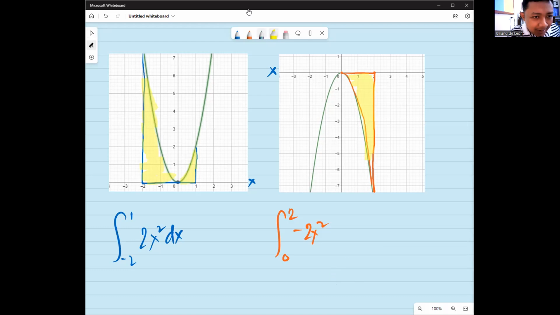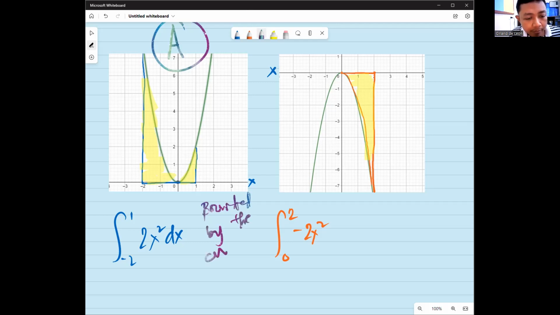Look at the letter A. Letter A given, the letter A given. Okay. In letter A given, always remember the boundary should be, it should be bounded by the curve and x-axis. And always remember, it should be always above the x-axis.